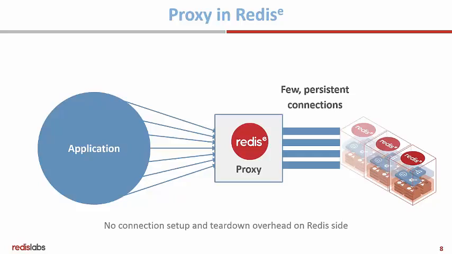The first thing is it gives your application a very simple endpoint to communicate with. So as the topology changes, if there's a high availability event or a scaling out event, etc., all those topology changes are hidden from the application. They don't have to know that any of those events occurred. There's no hiccup. There's no data loss. Everything just happens behind the scenes, and the application is none the wiser.